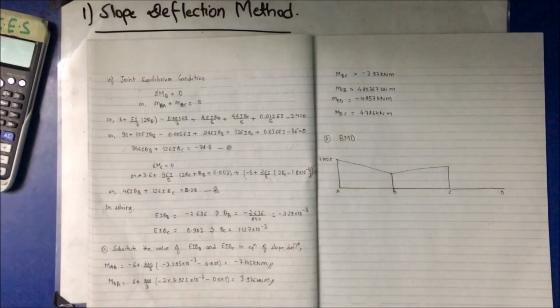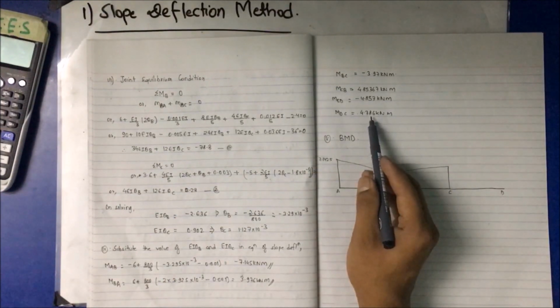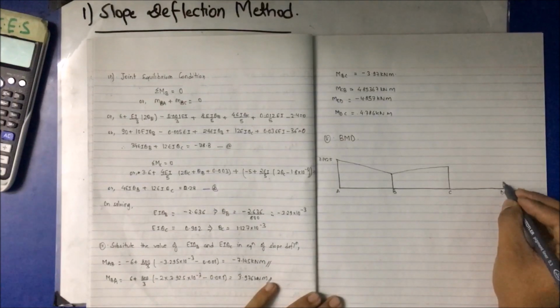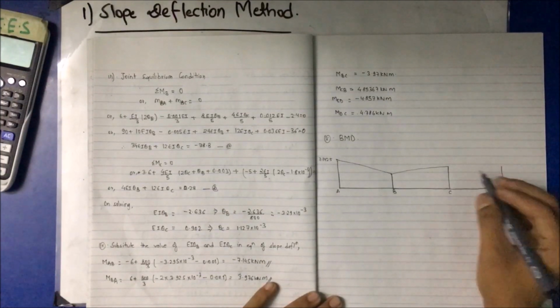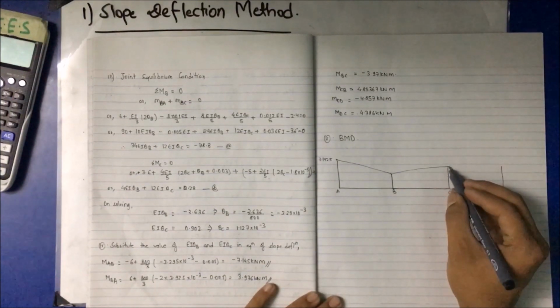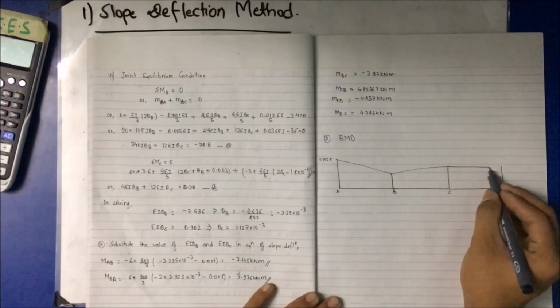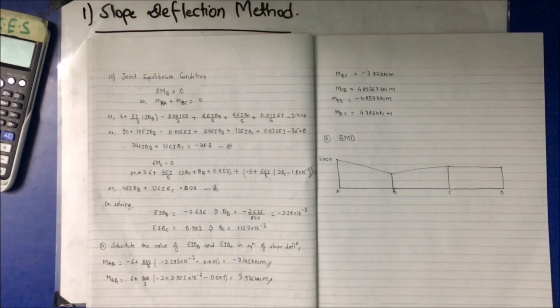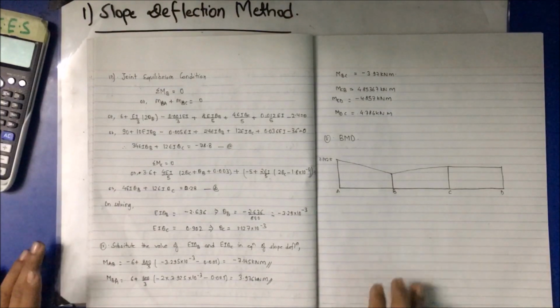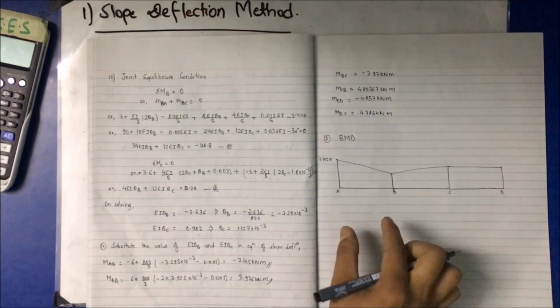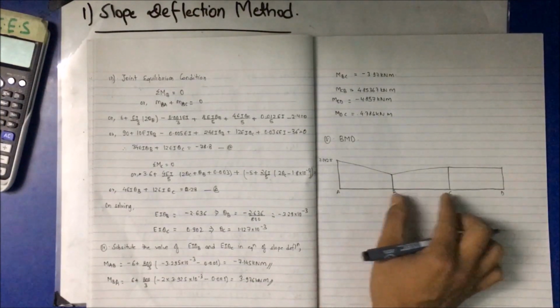And for DC we have 4.786. This is the first part of the bending moment diagram. Now we have to determine the maximum bending moment at each portion.